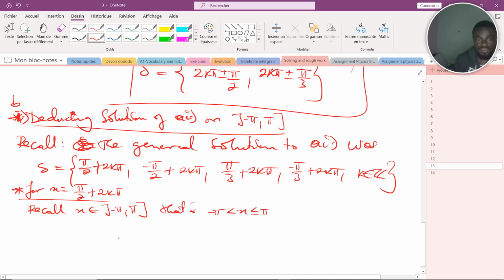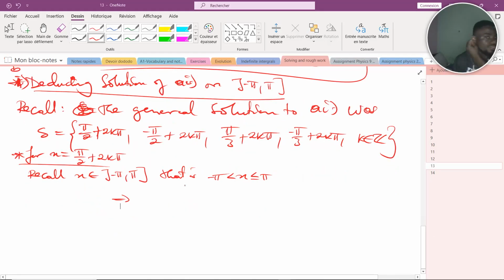This implies pi on 2 plus 2k pi must be strictly greater than minus pi but less than or equal to pi. So we divide all through by pi. So we are going to have a half plus 2k strictly greater than minus 1 but less than or equal to 1.